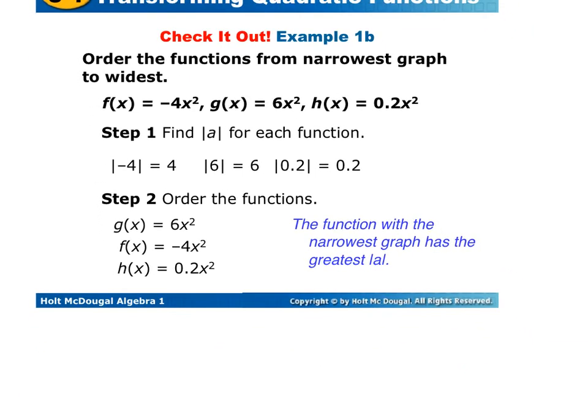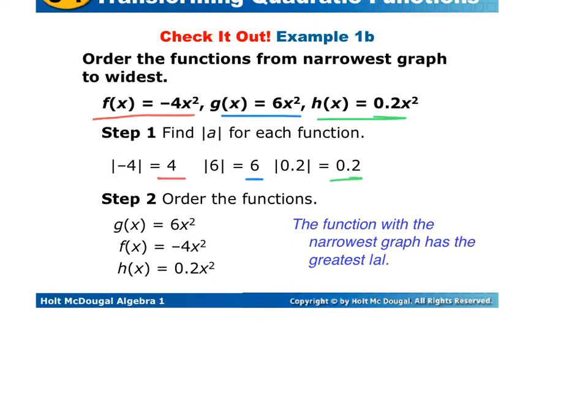Okay, here we have, again, 3 functions to compare. Again, we could say this is the red one, and the absolute value is 4. Then this could be the blue one, and we have a 6. And then we have a green, and it's right here.